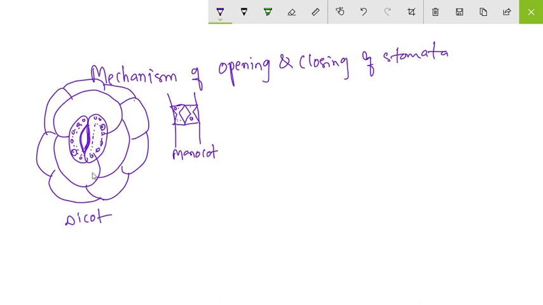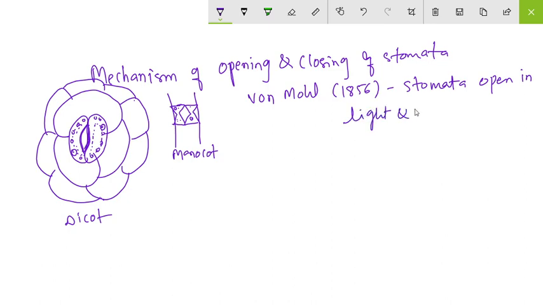How the opening and closing of the stomata takes place is studied under the mechanism. First of all, the scientist Von Mohl, in 1856, proposed that stomata open in light and close in dark.